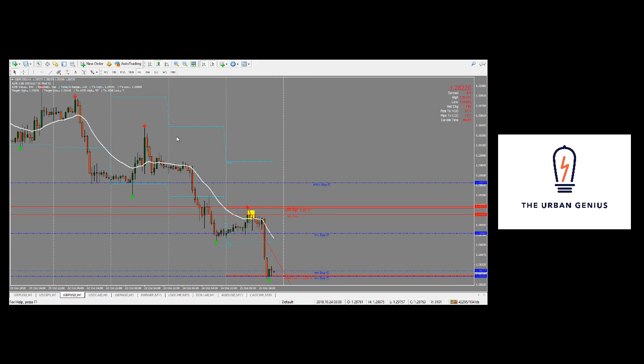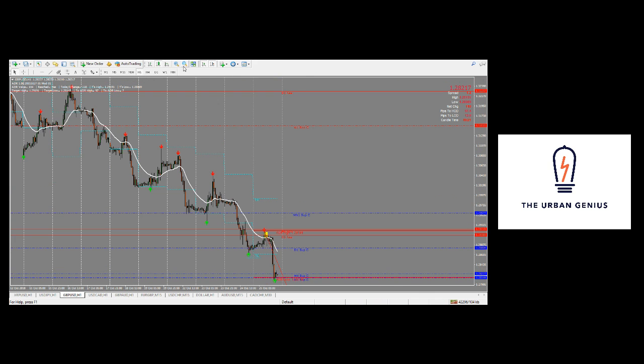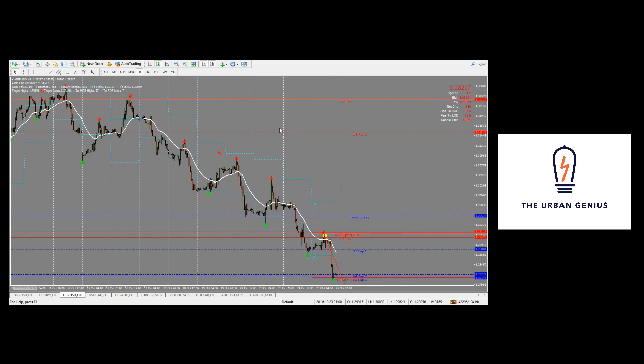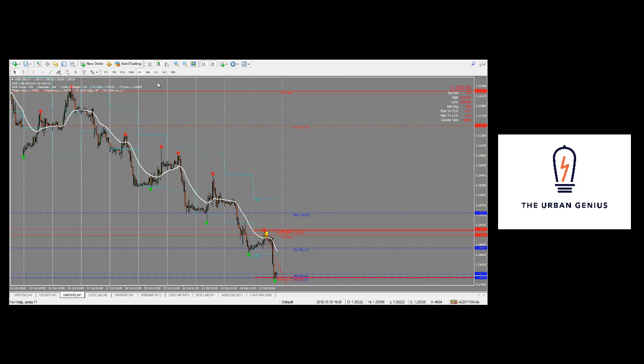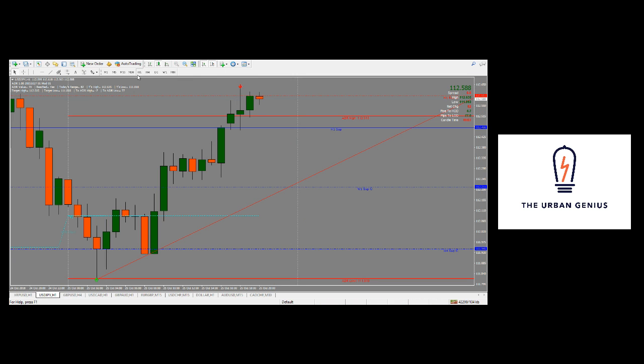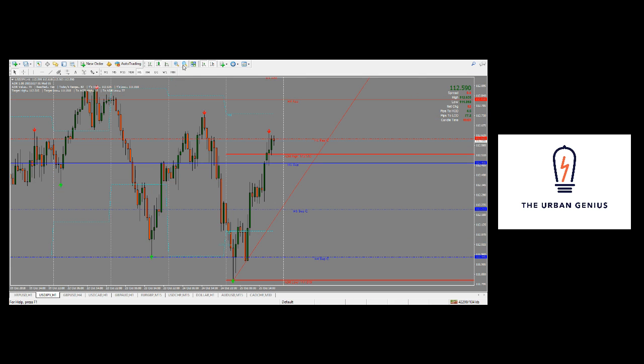But if we were to look here at the hour chart, we can see the levels here, clear as day. I really like the pound because it's easier to see the levels. Same with the Euro and the USD, JPY.